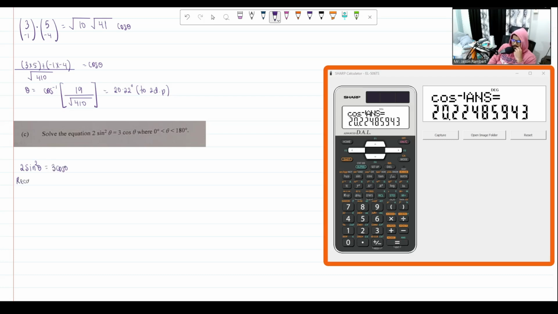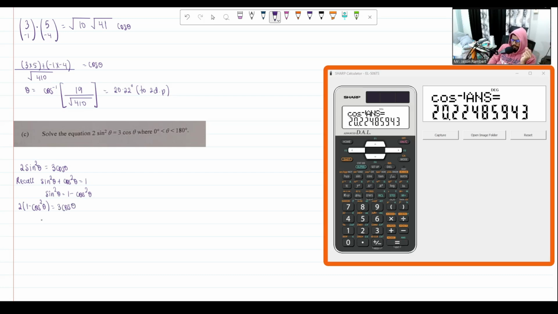I'll recall that sine squared theta plus cos squared theta is equal to 1. So sine squared theta is 1 minus cos squared theta. 2 into 1 minus cos squared theta is 3 cos theta.